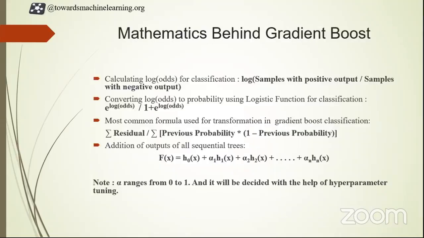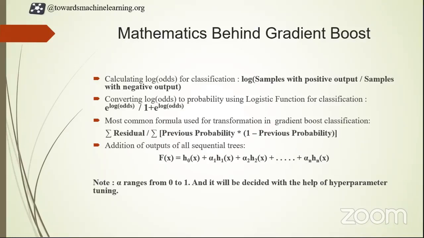Now these are some formulas which may be helpful to you while doing gradient boost. While calculating the log of odds for classification, you take the log of the samples with positive output divided by samples with negative output. In this way you can compute log of odds.